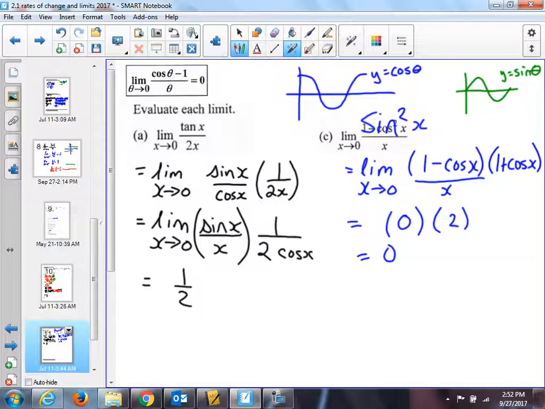Yeah. Sine x times sine x is what sine squared means. So you would have a sine of x over x, which is 1. But then you'd still have the other sine of x side, and that would turn out to be 0 when you plug in x equals 0. But it's fine to do it that way because it's only on the numerator. I'll stick to this method for now. Okay.